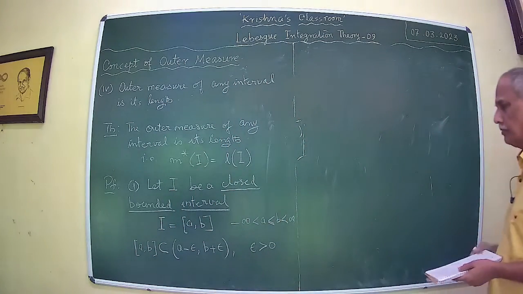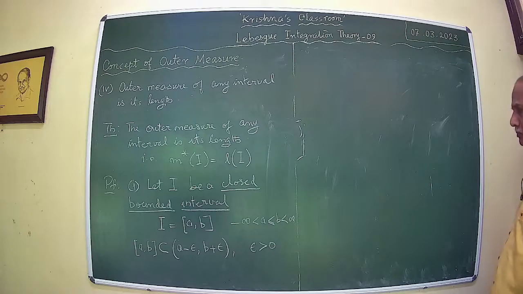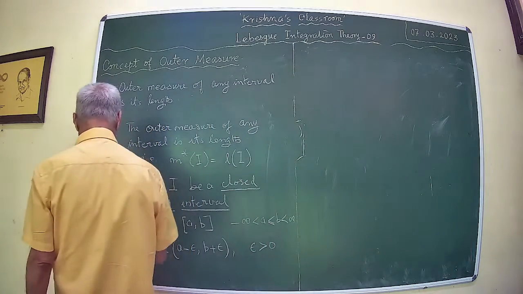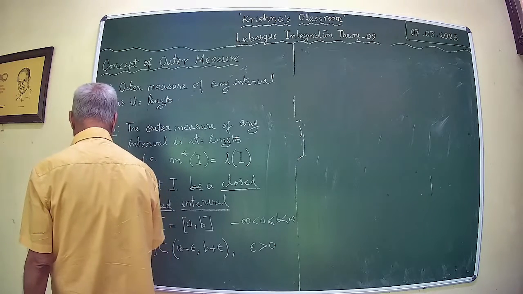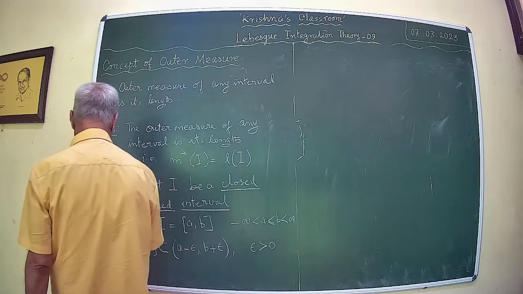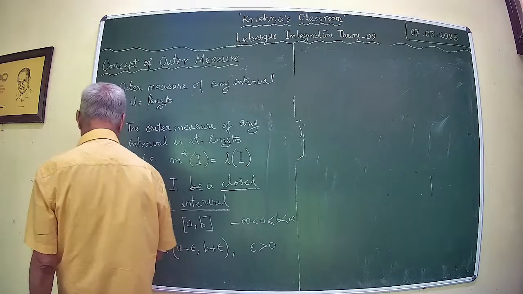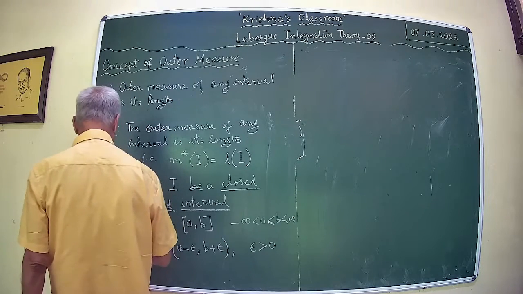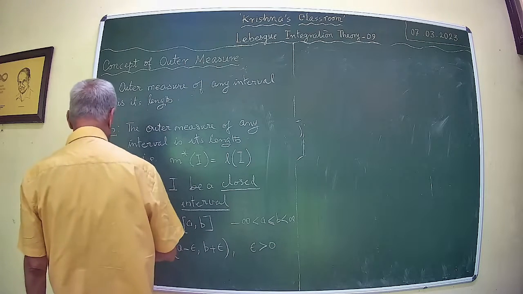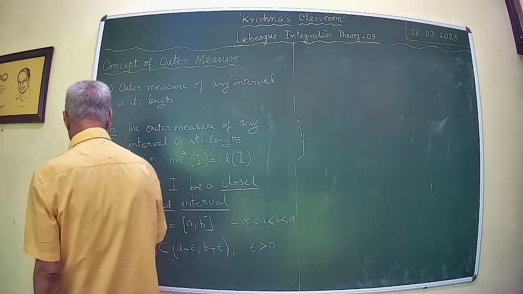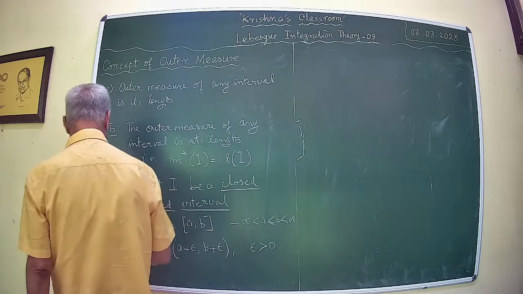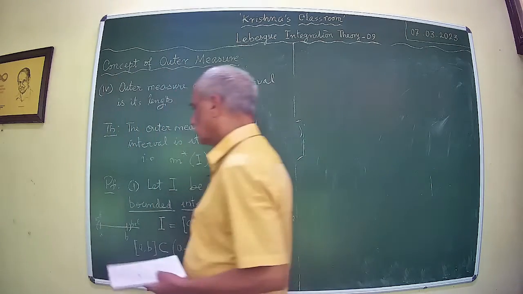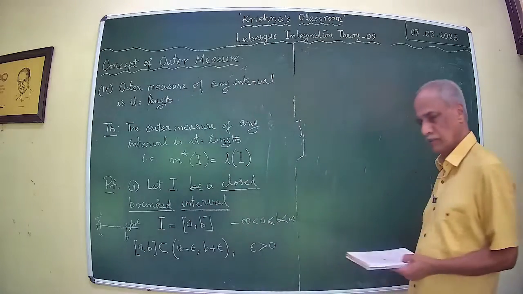This is true for every epsilon positive. It is simply this: this is the interval, this is a minus epsilon to b plus epsilon. So it is contained in it for any epsilon.